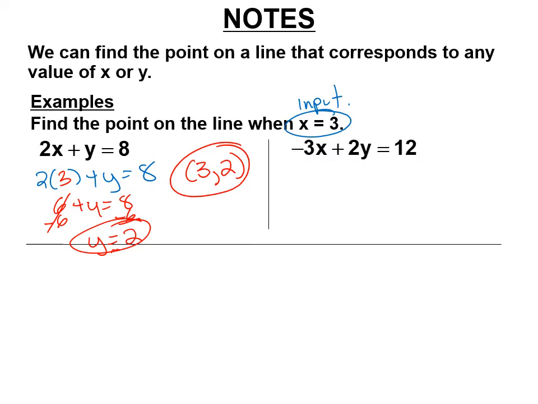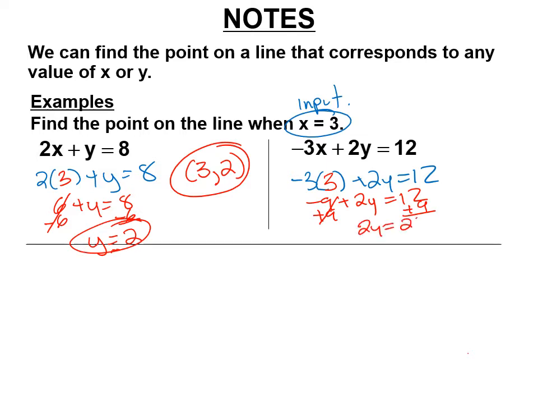Try that one. So we're going to put 3 there where x is. -3 times 3 is -9 plus 2y equals 12. We're going to solve that two-step equation by adding 9 to both sides. And we're going to get 2y equals, is that 21?